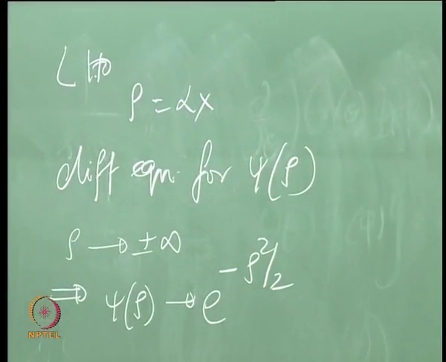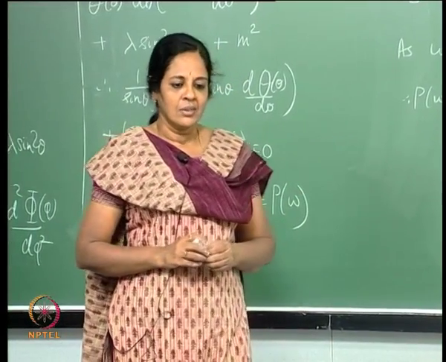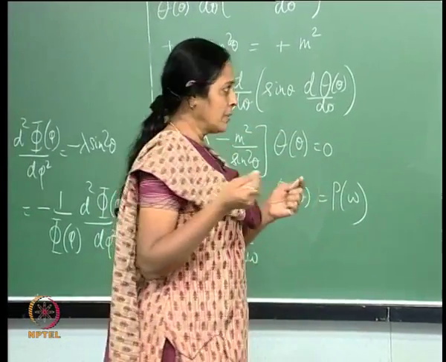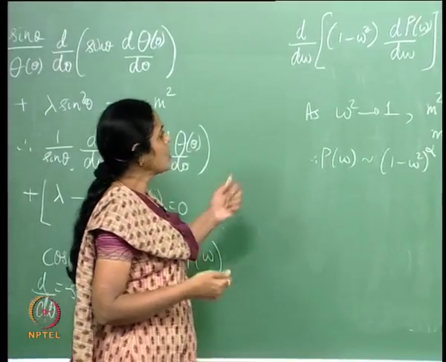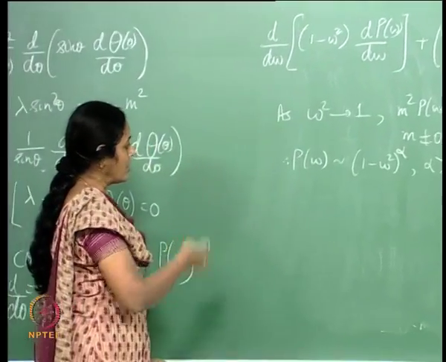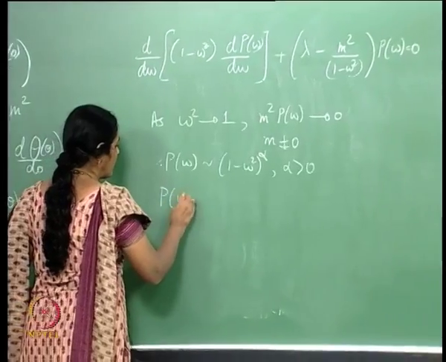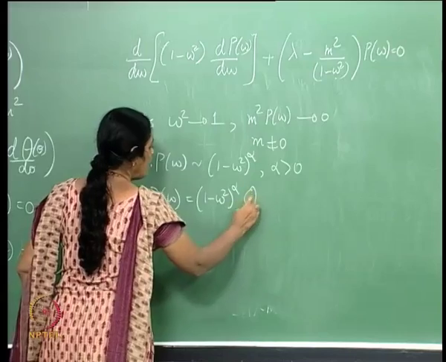So, that is the first step in all these problems where you solve a differential equation, an eigenvalue problem, which involves one argument, in this case W. Therefore, I would like to write P of W as 1 minus W squared to the alpha times some Q of W.